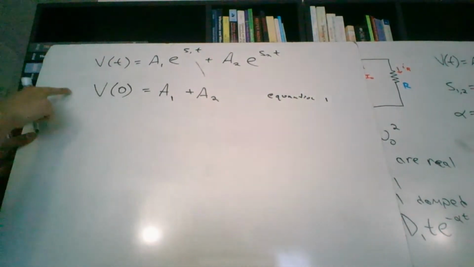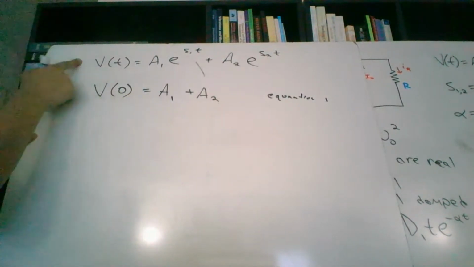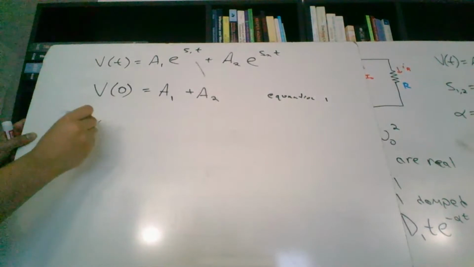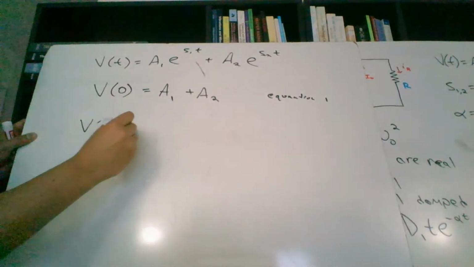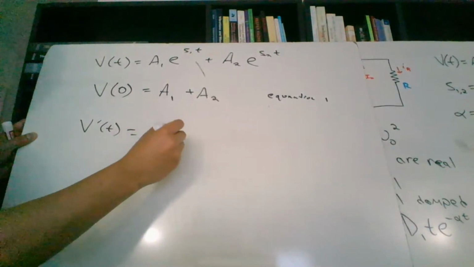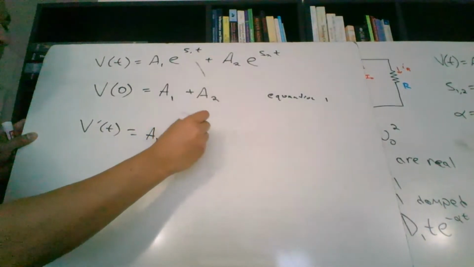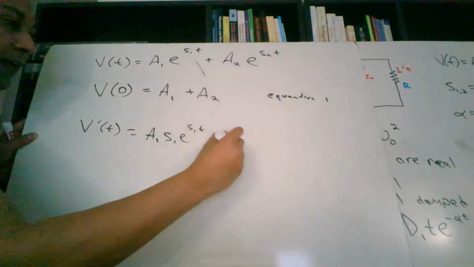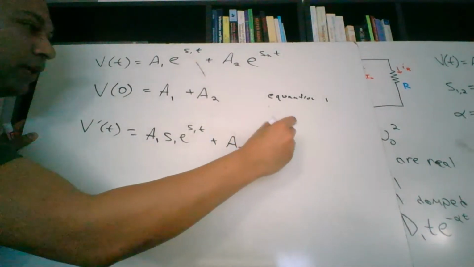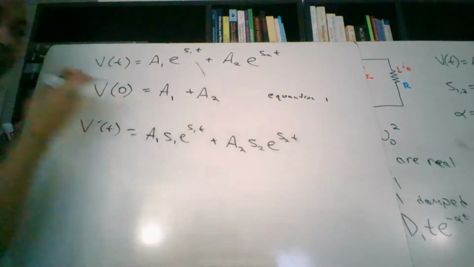The second equation, to get to equation 2, we have to take the derivative of this. So v prime of t, that's going to equal A1 S1 e to the power S1 times t plus A2 S2 e to the power S2 times t.